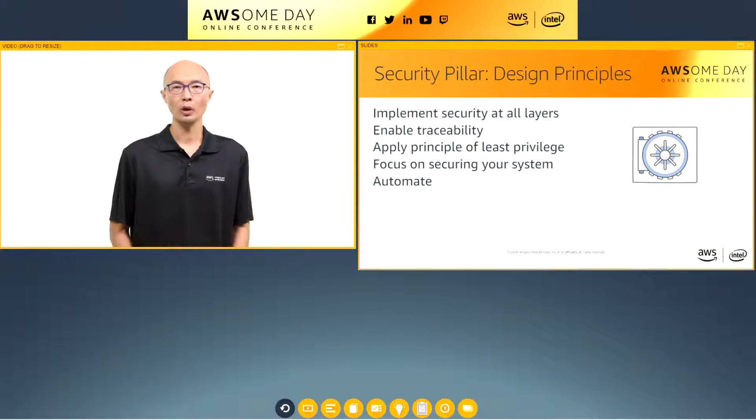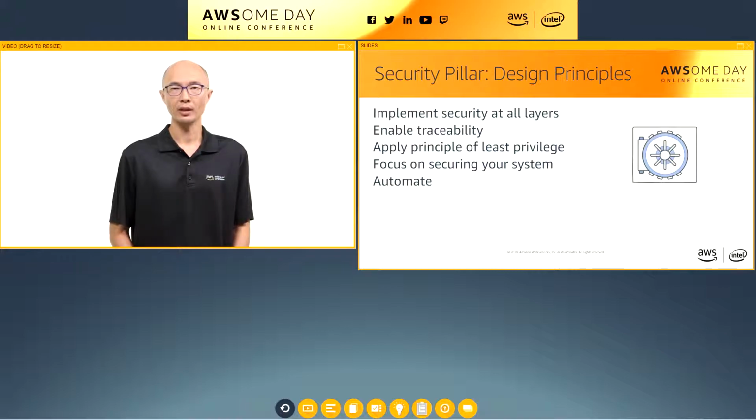Next, focus on securing your system. With the AWS Shared Responsibility Model, you can focus clearly on securing your application, data, and operating systems, while AWS provides secure infrastructure and services. Finally, automate security best practices.